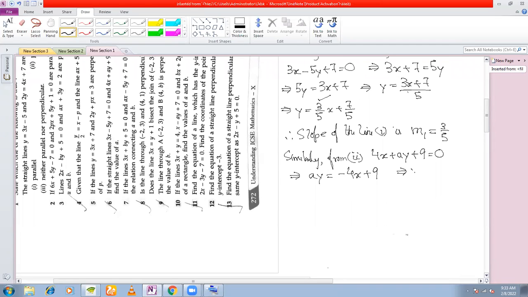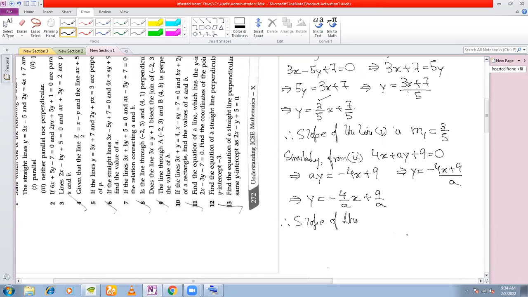That means you get y is equal to minus 4x plus 9 by a. Now if you separate, you get y is equal to minus 4 by a times x plus 9 by a, right? So therefore, what is the slope of this line?